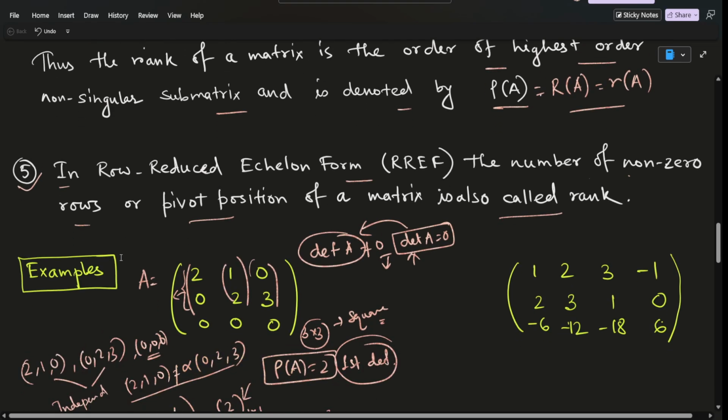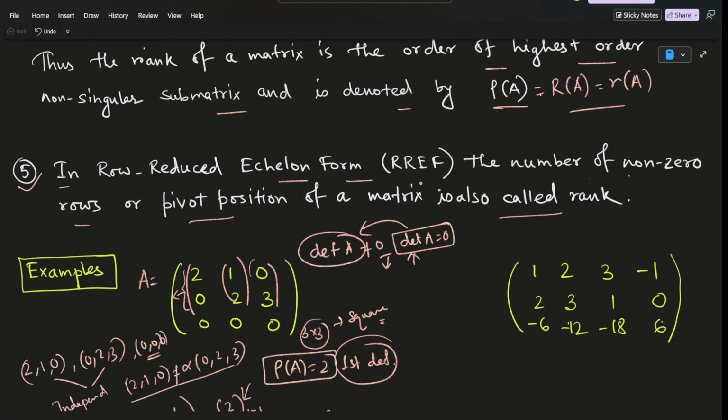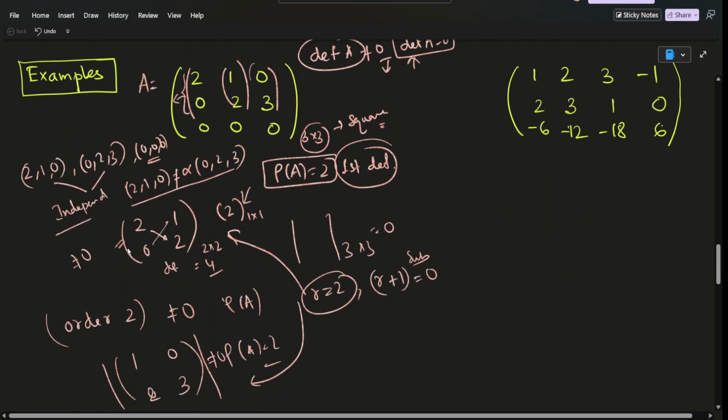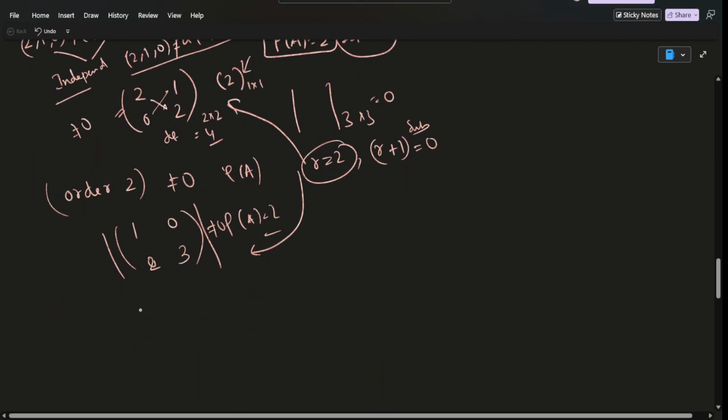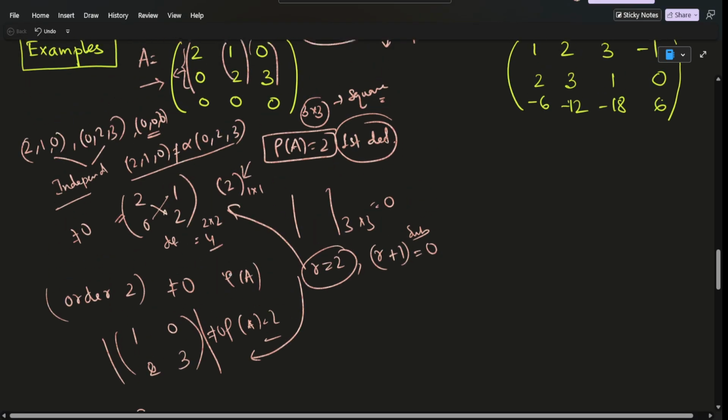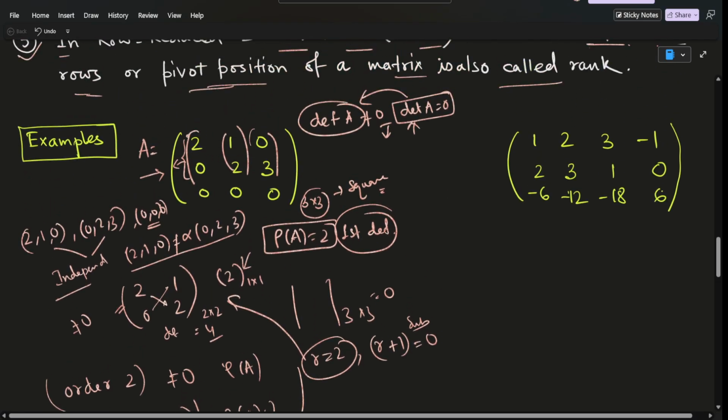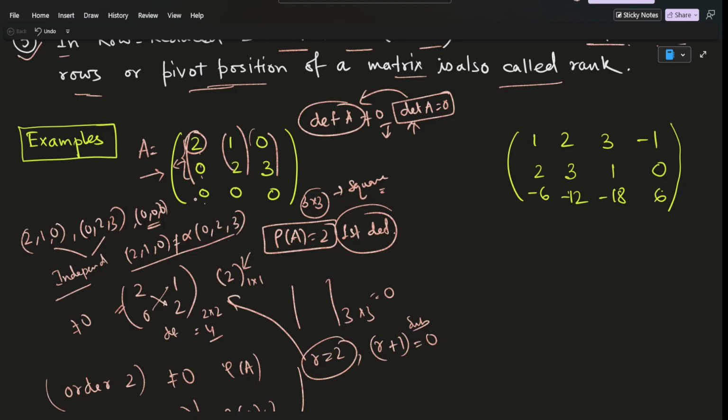Okay. Now in row reduced echelon form, RREF, the number of non-zero rows or pivot positions in a matrix is also called the rank. But how is it valid? See, this matrix we can say is in row reduced echelon form, because we know that in row reduced form, if there is one non-zero element, then the rest of the elements below it are 0.